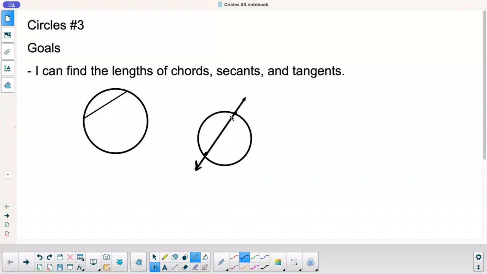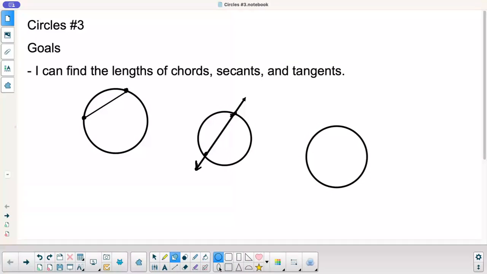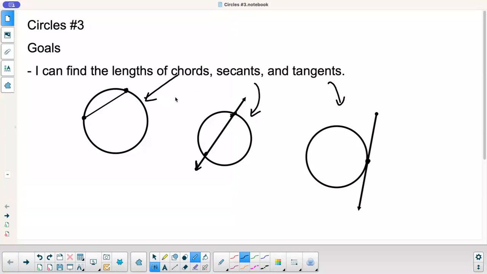I got two intersection points. That's my secant. My chord is a segment, and a tangent is a line or a ray that intersects the circle at one point. It just touches it right there at one point. So tangent, secant, chord.